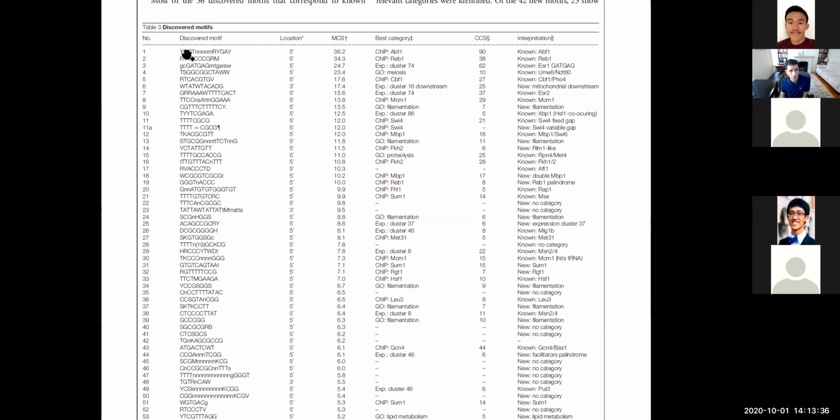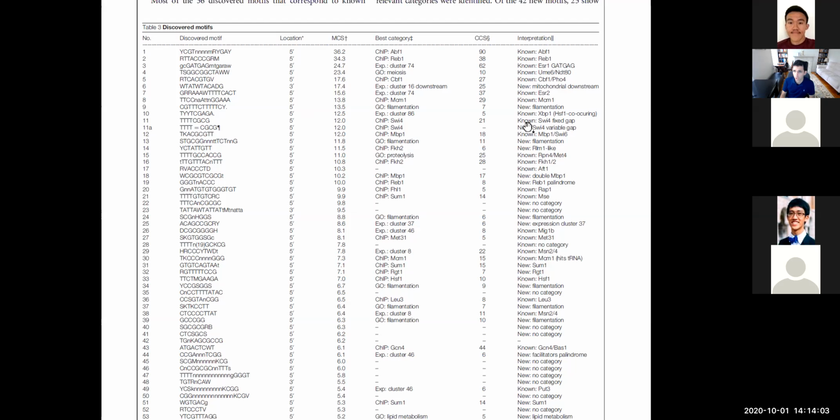Our interpretation for the top one was that this was the known ABF1 motif. This was the known REB1 motif. This was enriched in an expression cluster associated with environmental stress response, so our interpretation was that this is an ESR motif. Even though we didn't know it before, this told us that's a clear stress response motif.